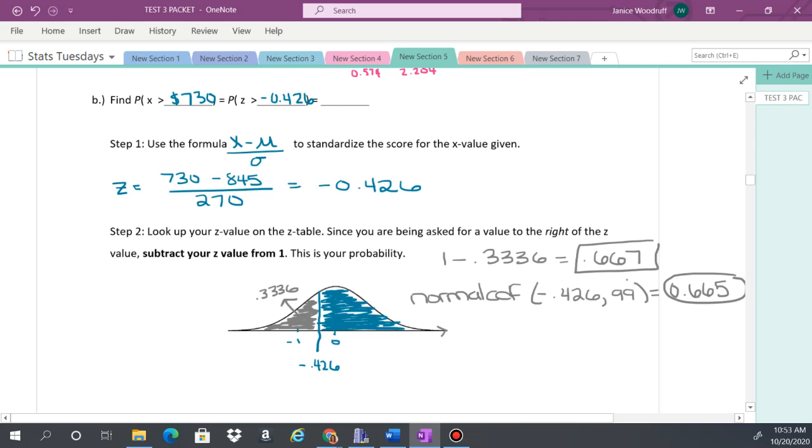Okay, then the question asks you, what is the percentage of cards that have a balance greater than $730? So these would both round up to 67%. So here we would say 67% of cards from Bank of Connecticut have a balance greater than $730.